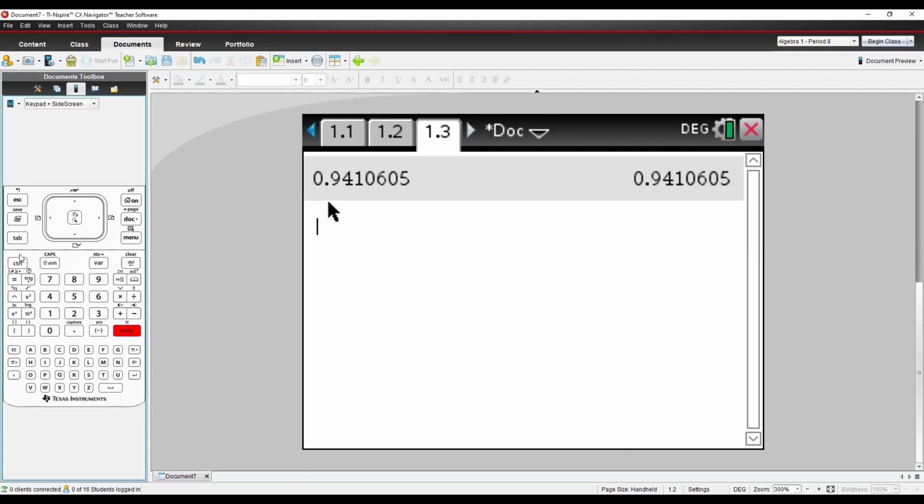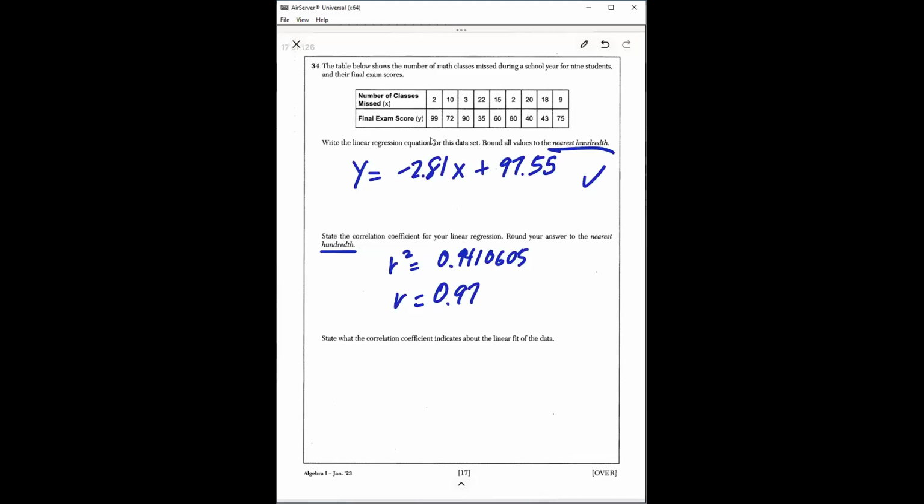I take this number right here, put it inside, then take the square root and press enter. So this is the correlation coefficient. It's 0.97, and we're supposed to round it to the hundredths place. So our R, the correlation coefficient, is going to be 0.97.